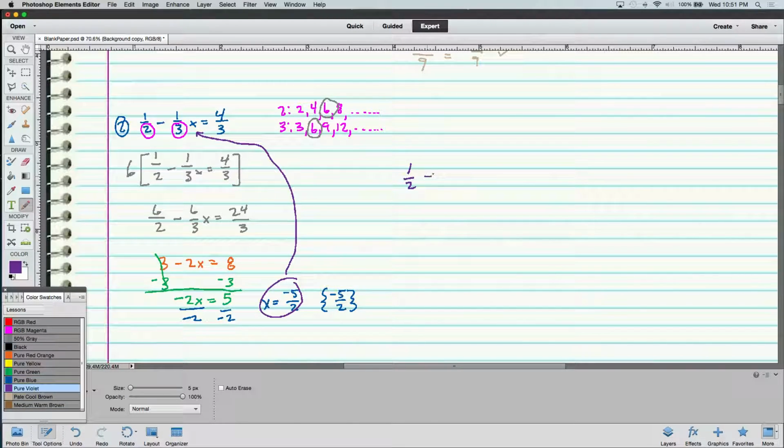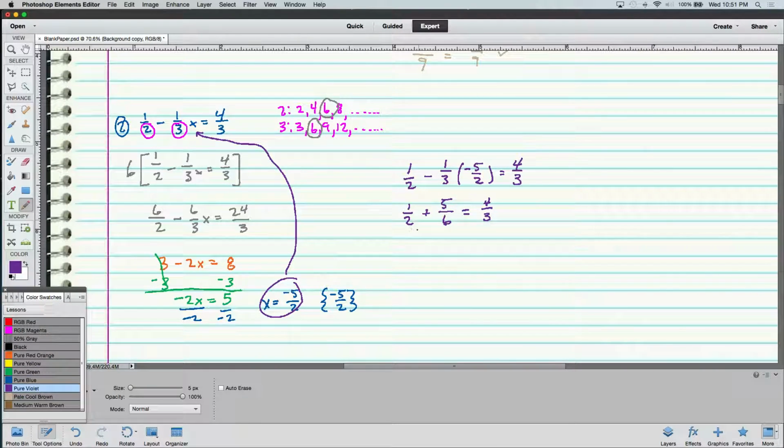So 1/2 minus 1/3 times negative 5 over 2 equals 4/3. 1/2, negative 1/3 times a negative 5 over 2 is a positive 5 over 6 equals 4/3.